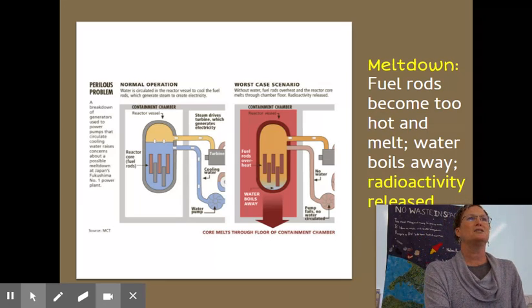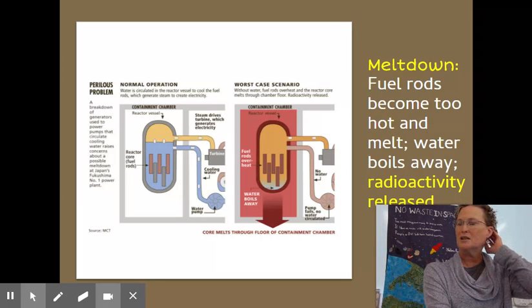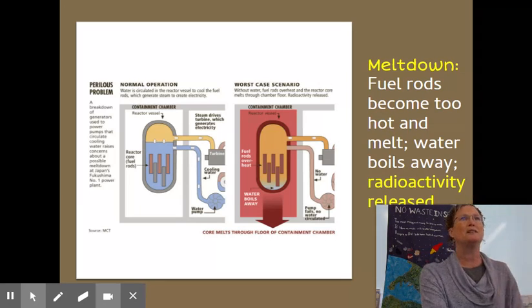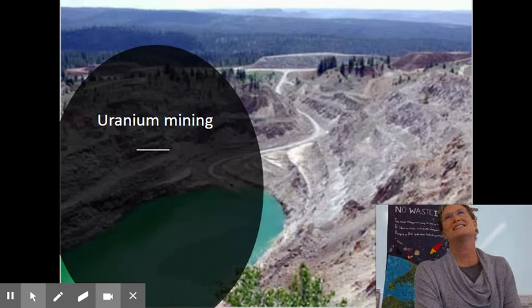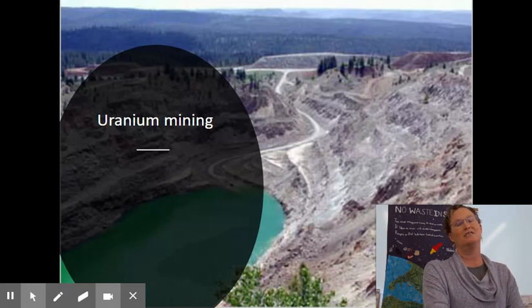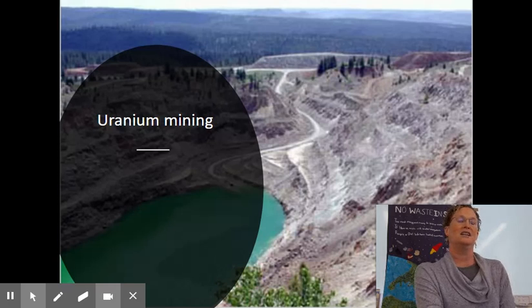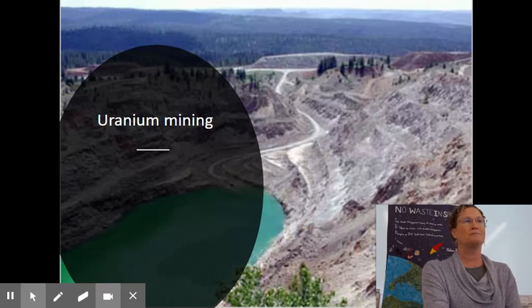So that is what you don't want. It can melt all the way through the chamber. And there's one time when this actually happened in history. So we'll talk about that. So yeah, there's a problem. You can have a nuclear meltdown, which releases energy and lots of radioactivity and can cause all kinds of problems.